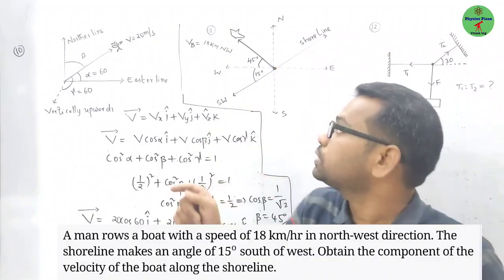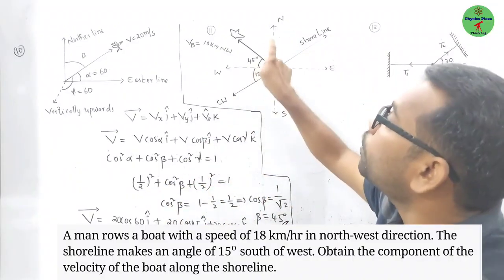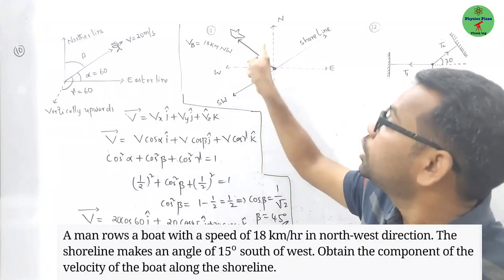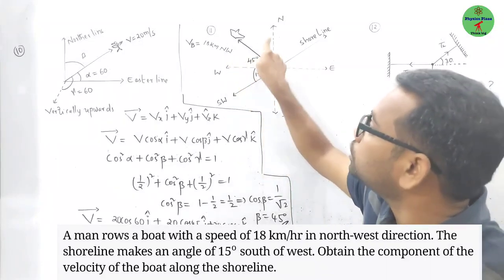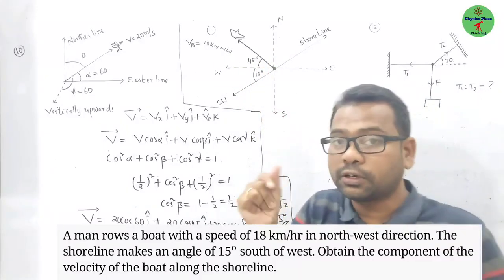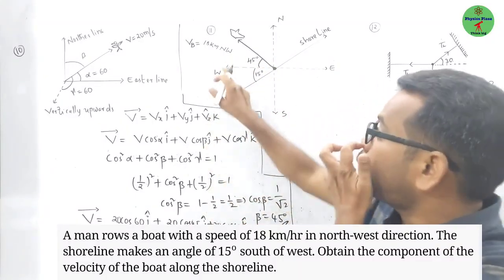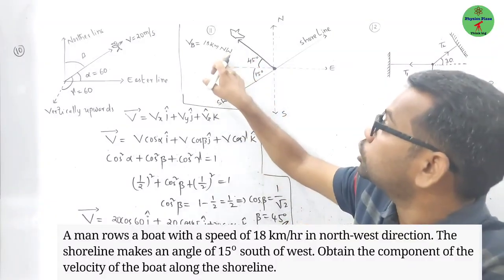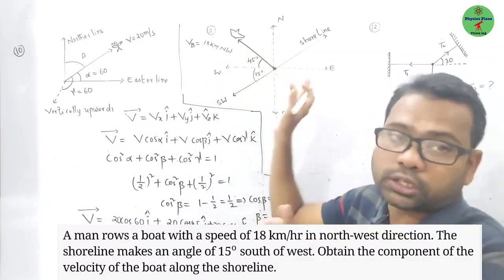But you may get one doubt, sir, why have you taken 45 degrees here? Why not here? They mentioned northwest. North of west means towards north from west. If it was west north, we would have taken it like this. Children, don't get confused here. It is northwest, so we have taken an angle with the west. If it was west north, we would take 45 degrees with the north.